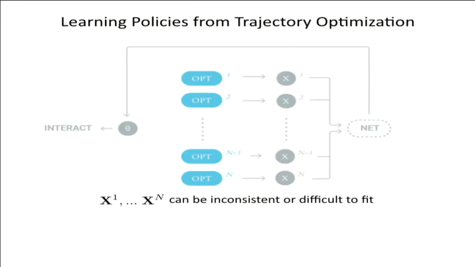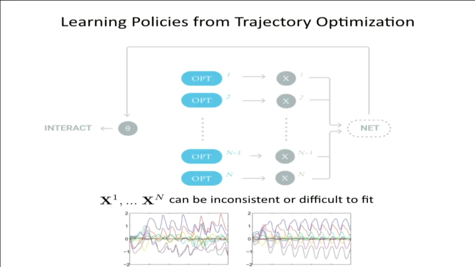And that's not necessarily a totally crazy idea. But some of the issues that come up with this is that this set of trajectories can be very difficult to learn, or it may not even be consistent. So one potential issue is that you can see here the two trajectories where the goal is, let's say I have a bird that's trying to stay up in the air, and trajectories for different types of flappings of the bird.